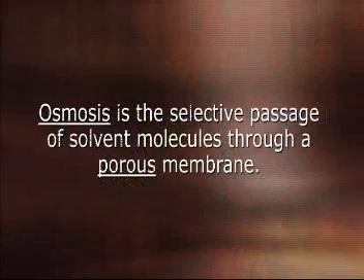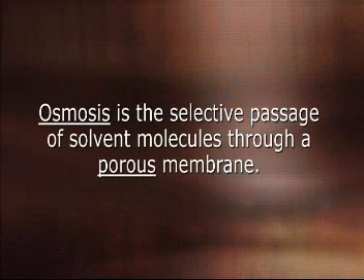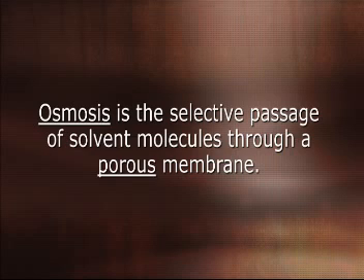Hello, everyone. Let us fill in the blanks together. Osmosis is the selective passage of solvent molecules through a porous membrane. You may have also said a semi-permeable membrane. Both answers are correct.